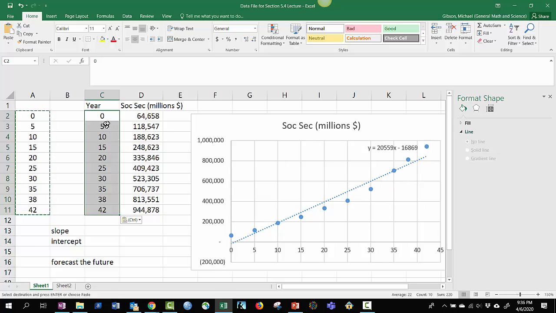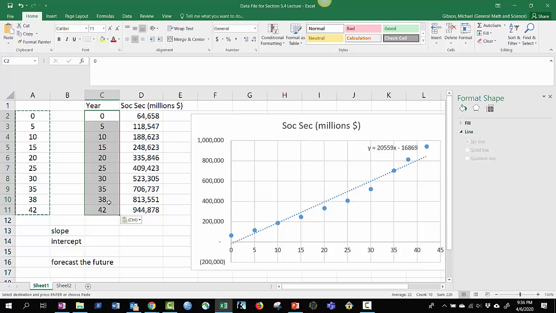Now, it's not quite the same as the data. The data was 64,658, but the line goes in below that. So this is now a real initial value or starting value. That's why you set your time as years since the beginning of your data.